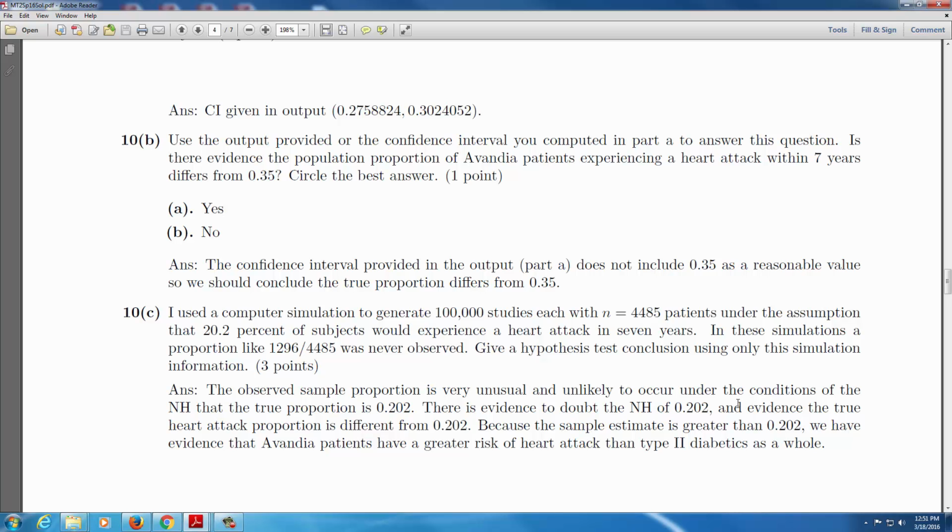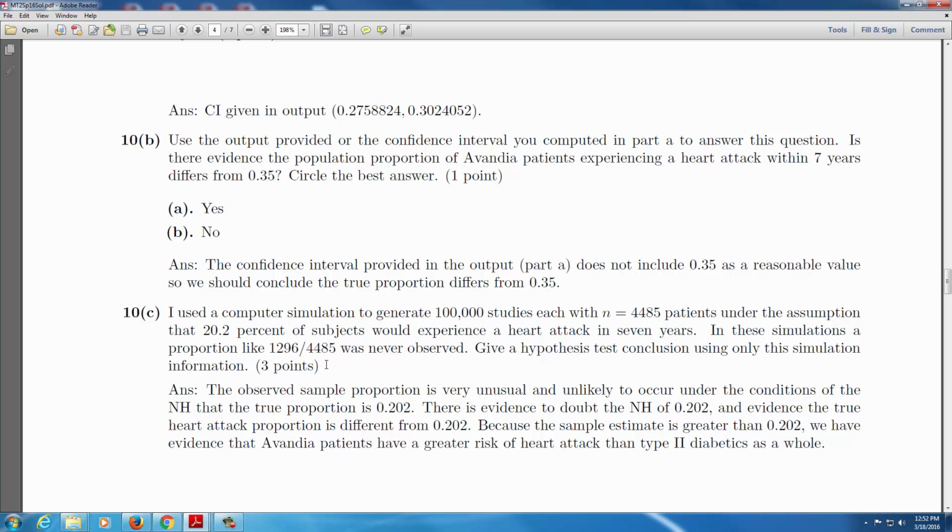That means there's doubts about the null hypothesis, support for the alternative, that the proportion is different than for diabetics as a whole. And because our p-hat was much bigger than 0.202, we've got evidence that Avandia patients have a greater risk of heart attack than type 2 diabetics as a whole. There were 3 points for this answer.